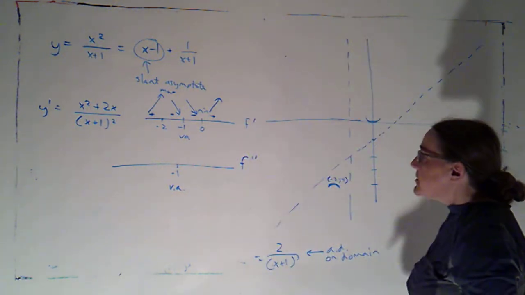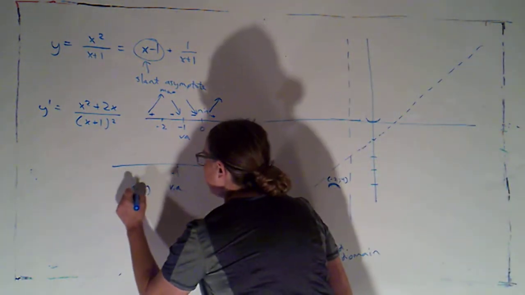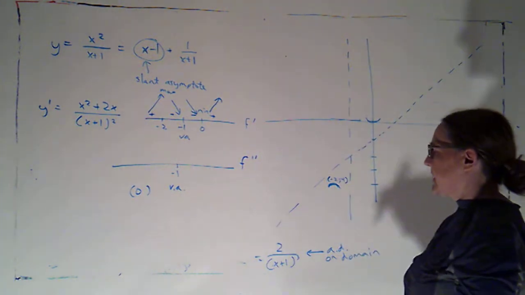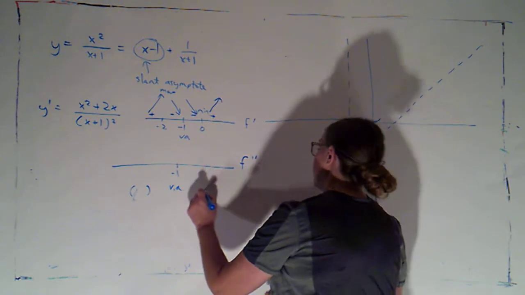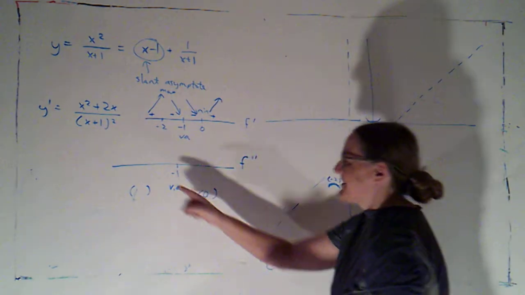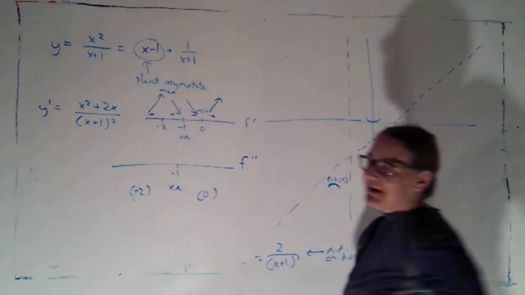Okay. So, if I pick a number to the left of -1, I'm thinking -2. And to the right of -1, I'm thinking of 0.